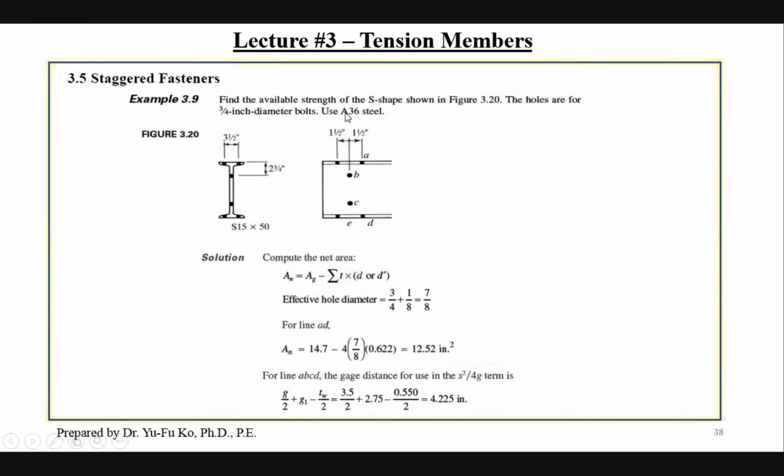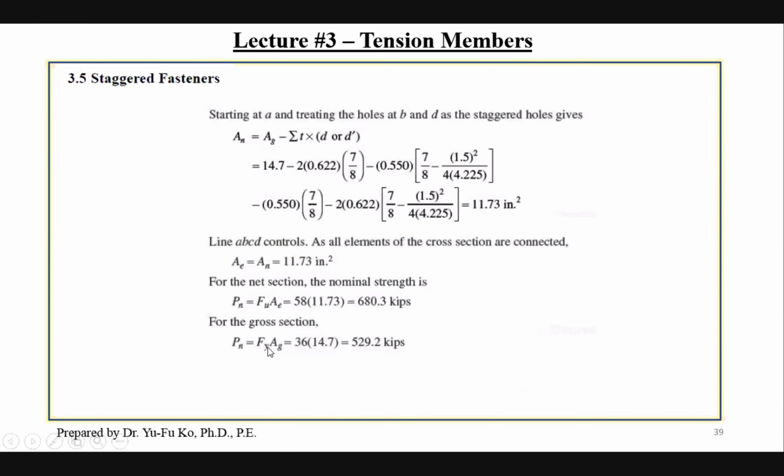So like I said before, if you read A36 steel, you need to go to the manual table and figure out the numbers for FY and FU. So this is what we talked about before. Any other questions? No, sir.